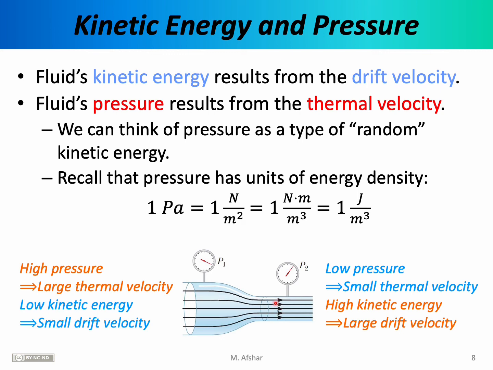But as they entered the narrow portion of the pipe, their thermal velocity became smaller, they lost pressure, and their kinetic energy increased because the drift velocity became larger. So the total energy of motion was being conserved. It was simply going from thermal velocity into drift velocity.